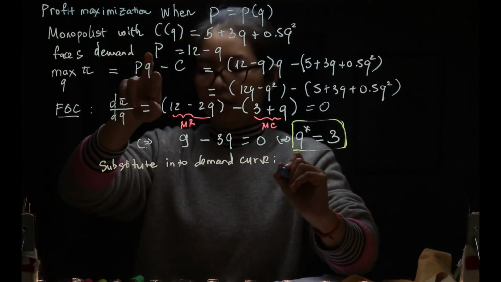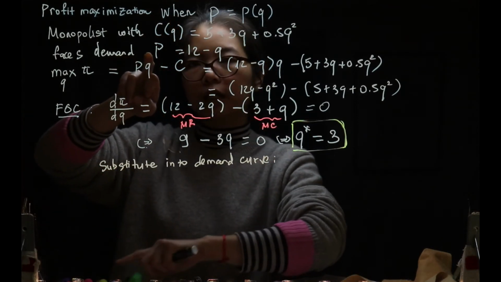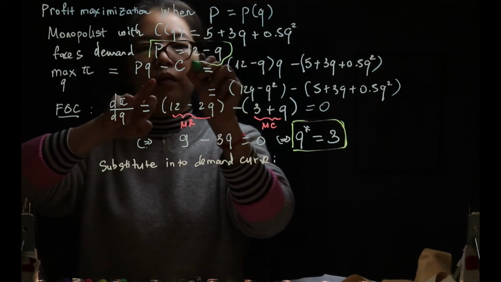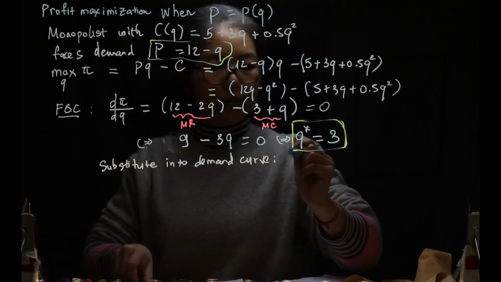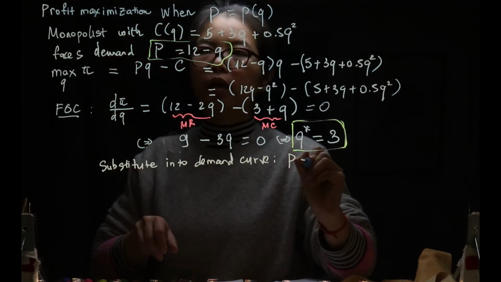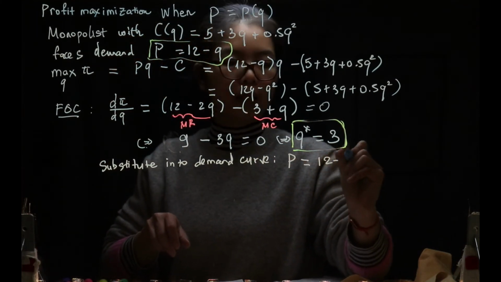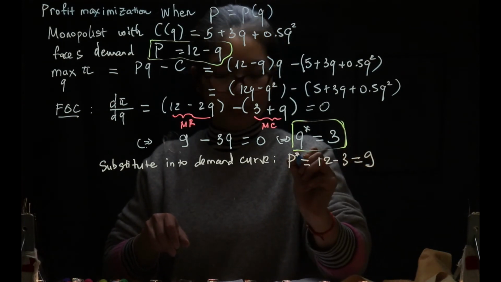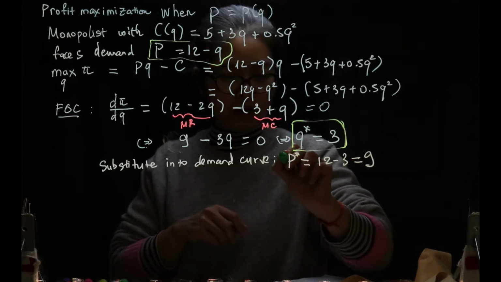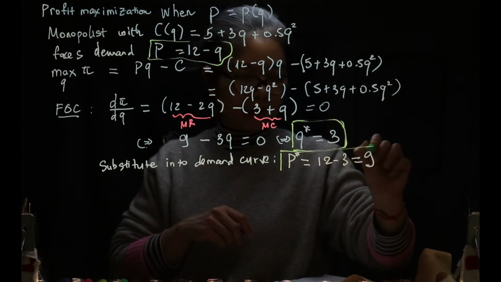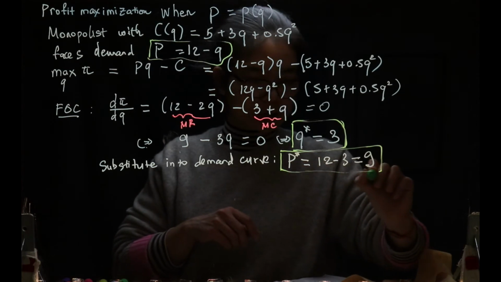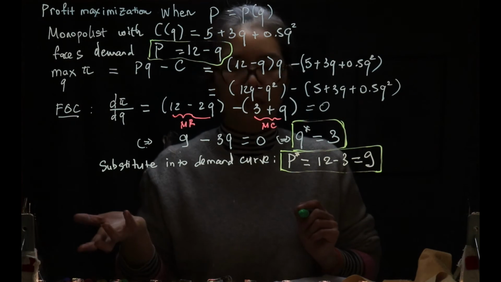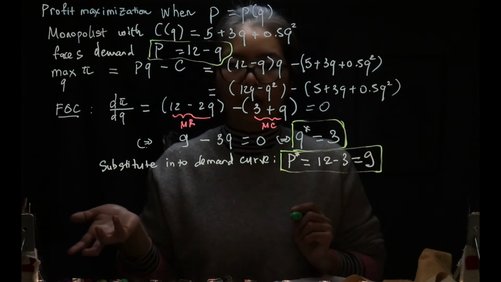That is the demand over here, so we have P equal 12 minus 3, which is 9. So that is P star, the market price, which at this stage you can already call the equilibrium price of the market.